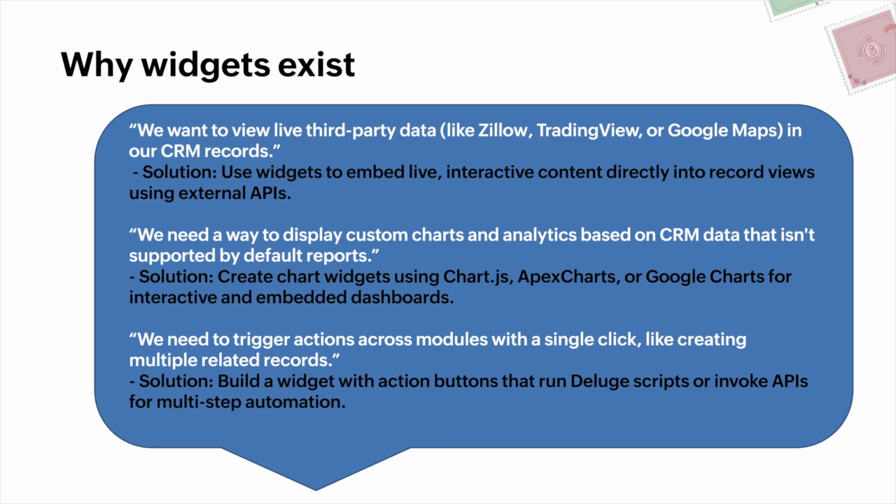We need a way to display custom charts and analytics. That's a really common one, and Alex is actually going to explain it, and I'm going to give you code if you want it. But what we can do is embed custom analytics dashboards. We can embed Zoho Analytics dashboards for that specific record directly into the CRM.